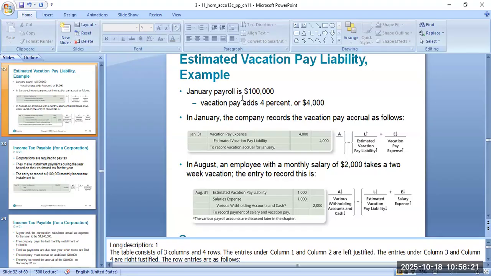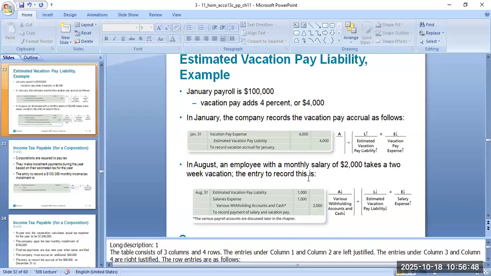Now, again, payroll is $100,000, and 4% is related to the vacation. So in January, the company records vacation pay expense and estimated vacation payable of $4,000. Now, in August, the employee with a monthly salary of 2,000 takes a 2-week vacation.